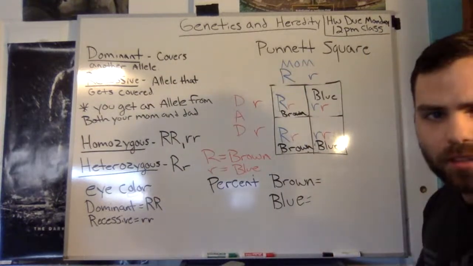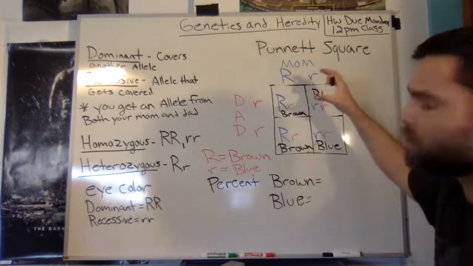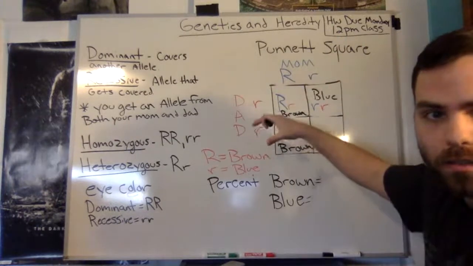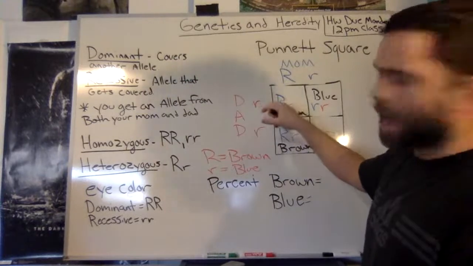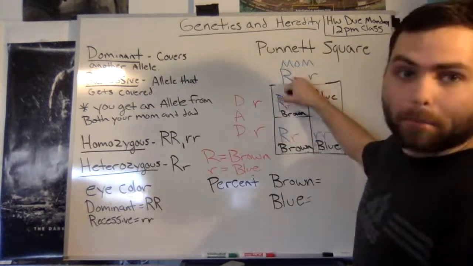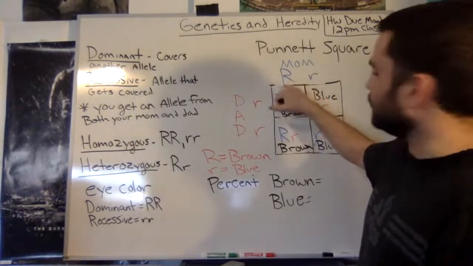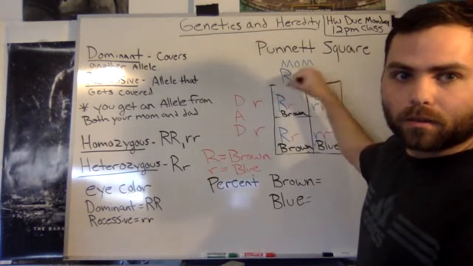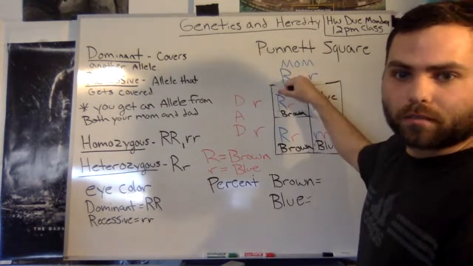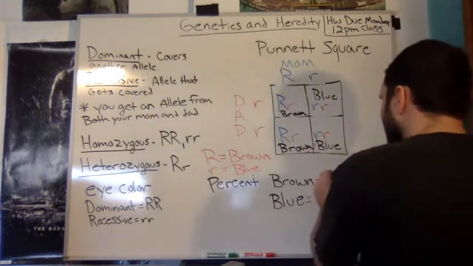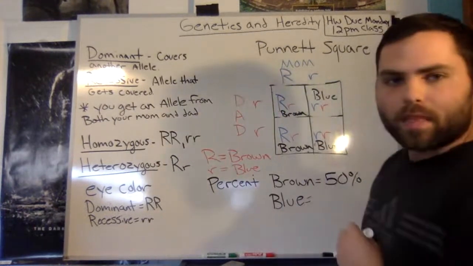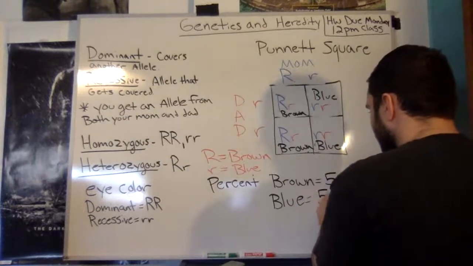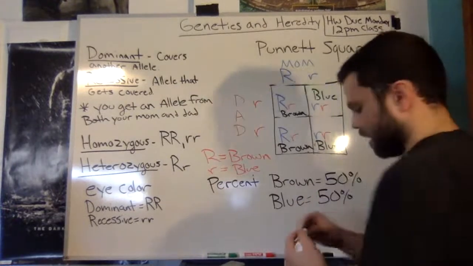So what percent chance did my parents have, right? Because we're using them as examples, because my dad has blue eyes, so he's got to have two lowercase. And then my mom has brown eyes, so she's got to have at least one dominant gene, okay? So it's going to be 50% chance. And then for blue eyes, it's going to be 50% chance, okay?